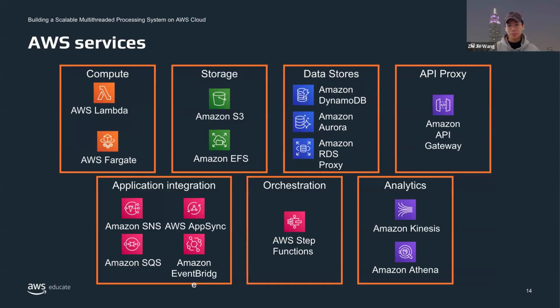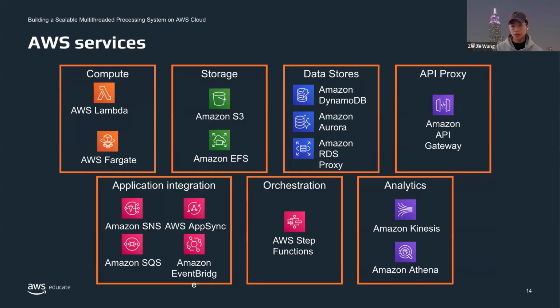For computing power, we have AWS Lambda functions and AWS Fargate. And there's another popular service called AWS EC2, also for computing power. For storage, we have Amazon S3 and Amazon EFS for different kinds of data storage.